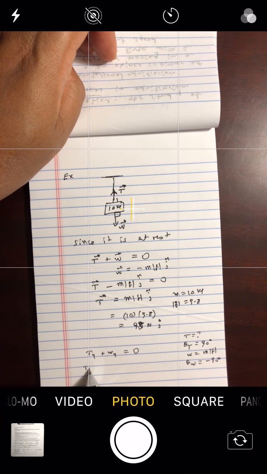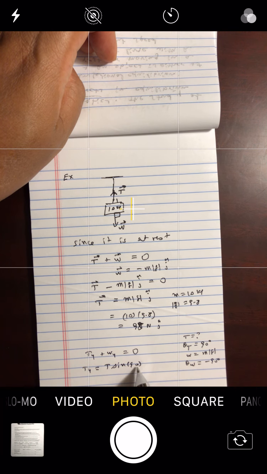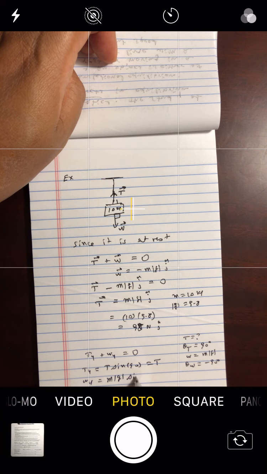So Ty would be the unknown tension T times sine of 90, which is T, and Wy is mg times the sine of negative 90, which is negative mg.